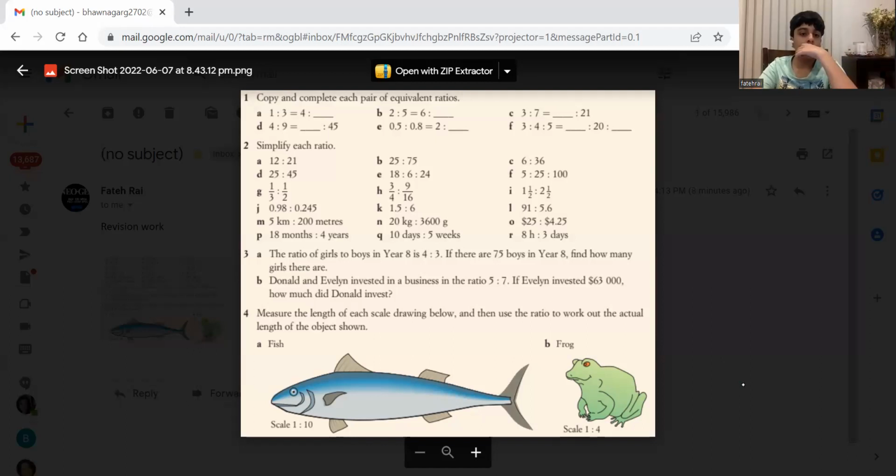I want to convert 1 into 4, so 3 will be converted into... you can multiply it by three. So 1:3 will be equal to 4:12.